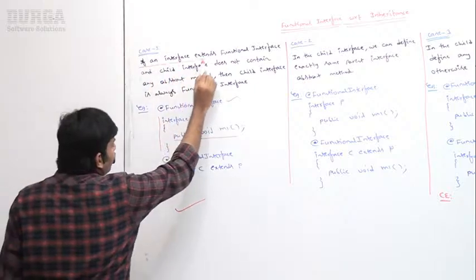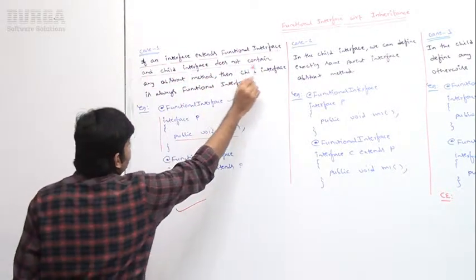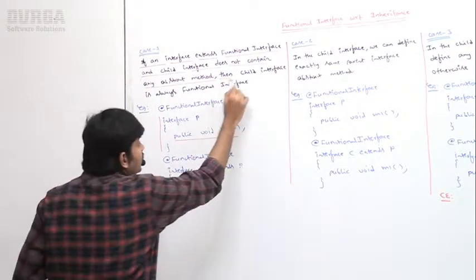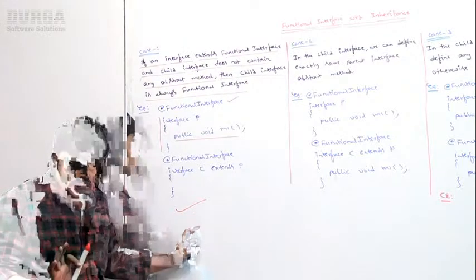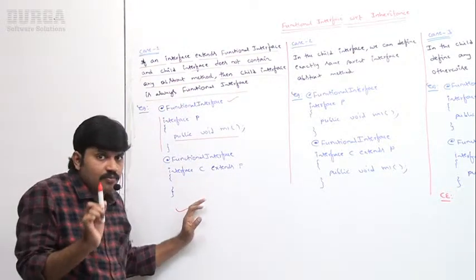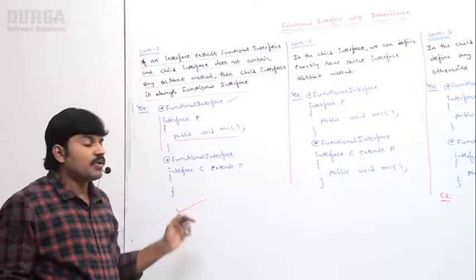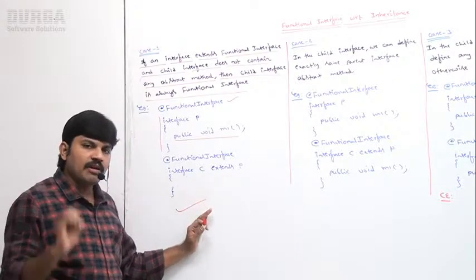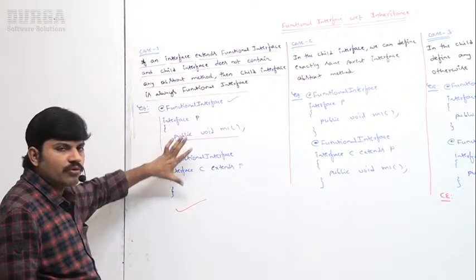If an interface extends a functional interface and the child interface doesn't contain any new abstract method, then the child interface is also a functional interface. Is it clear? This is a very important point you should be aware of. If I compile it, it is going to compile.